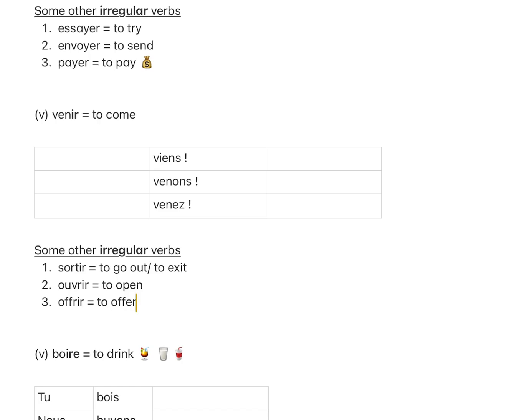So as you can see, all these verbs end with IR, but they are not conjugated like regular IR verbs, and therefore they are irregular verbs. And to make the imperative form for these verbs, we will be using the same steps that we just saw.